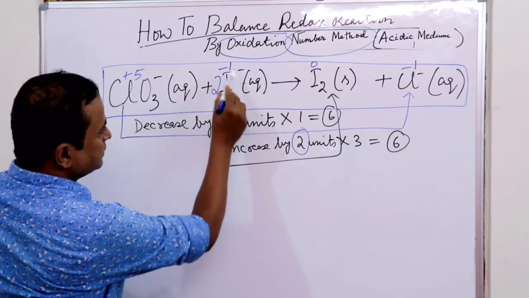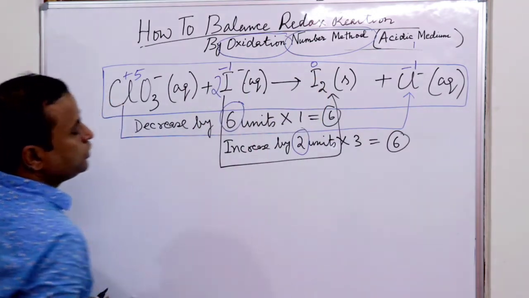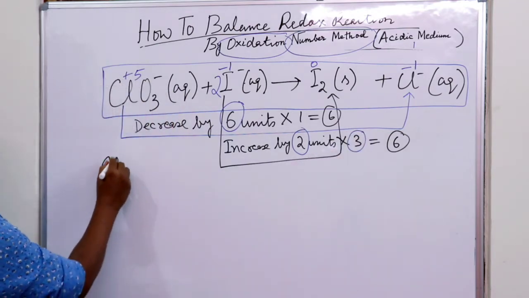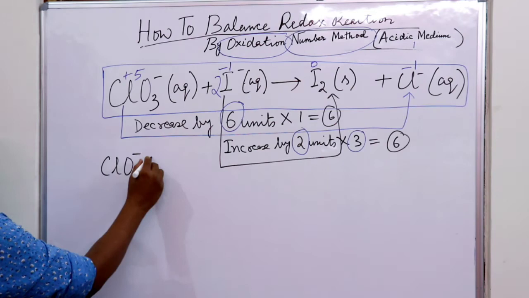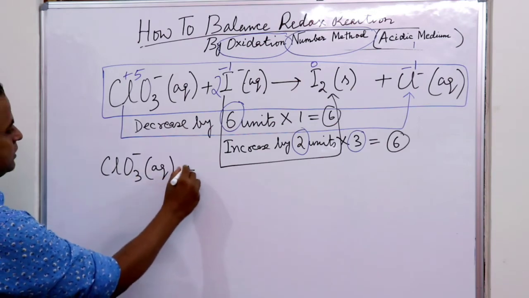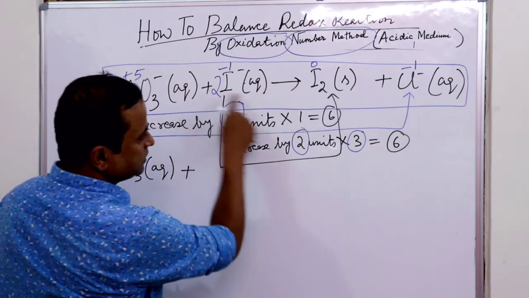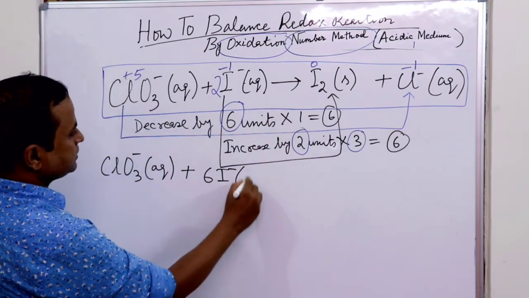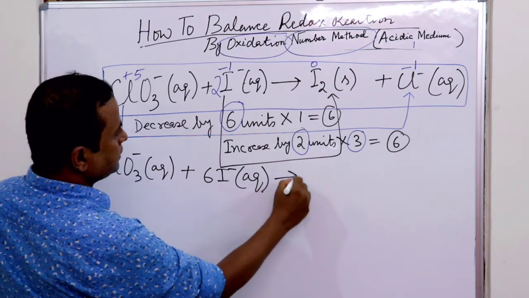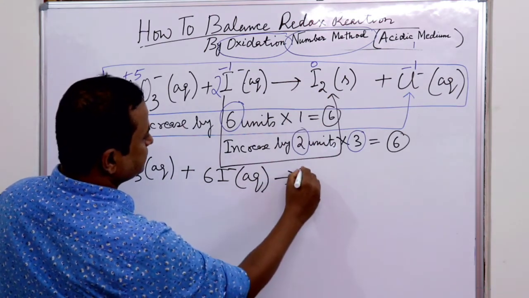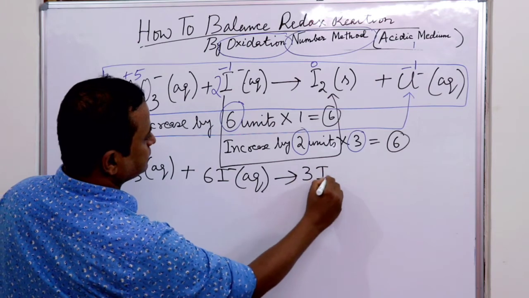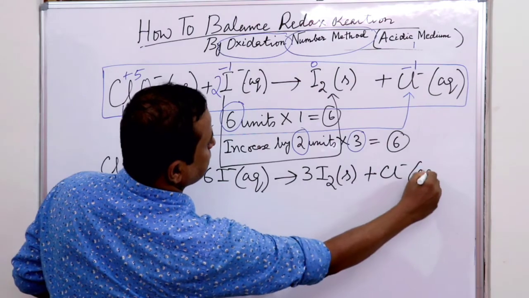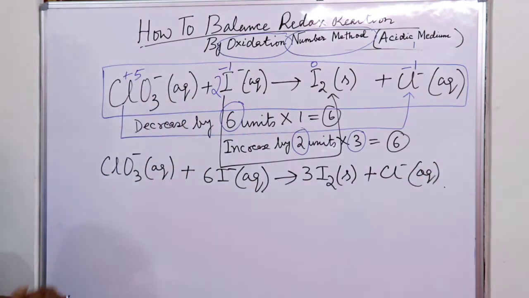And the iodine species, this one and this one, we have to multiply with this number, that is 3. So let's do that. ClO3 minus aqueous plus, when we multiply 2I minus into 3, 2 into 3, 6I minus. Again here we write 3, and plus Cl minus aqueous. So we are done with this step.